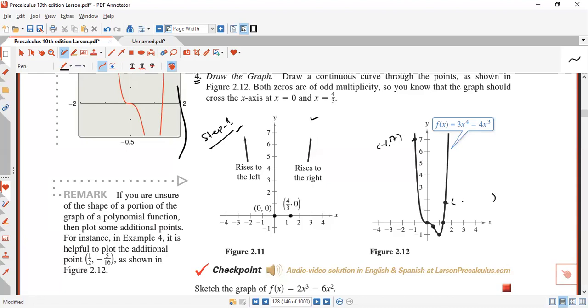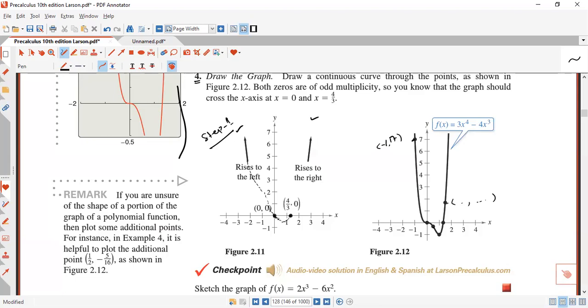The main thing is, now after plotting these points, you also know that this is an x-intercept, and this is also an x-intercept, but this is a repeating x-intercept, and k was odd. So the graph of the function will pass through, not touch. Means this will go downward. Clear? And again, this is an x-intercept, so the function will change behavior.